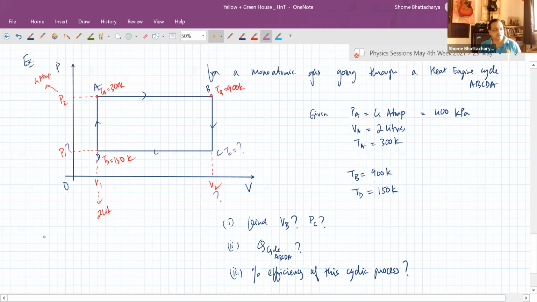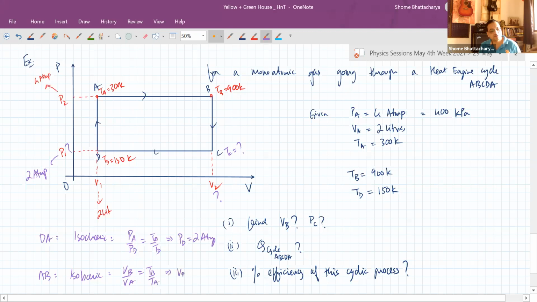Okay. So we can see that DA is isochoric. So PA by PD should be equal to TA by TD. This will tell me that the pressure at the point D should be 2 atmospheres. Now similarly, AB is isobaric, so volume is proportional to temperature. So VB by VA should be equal to TB by TA.